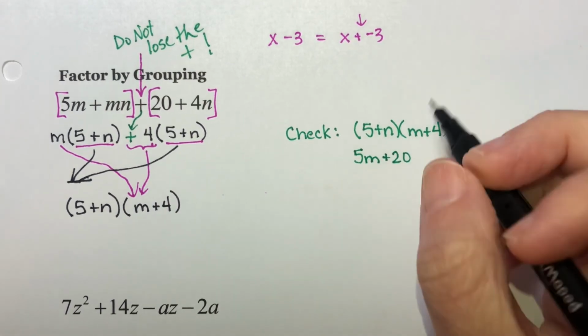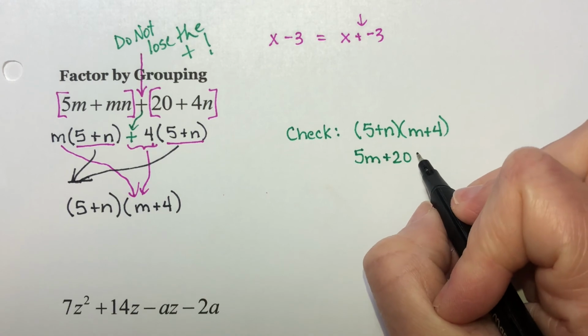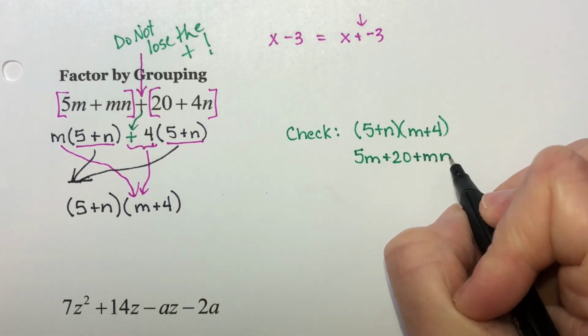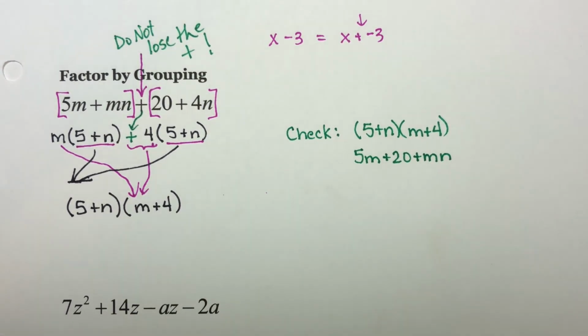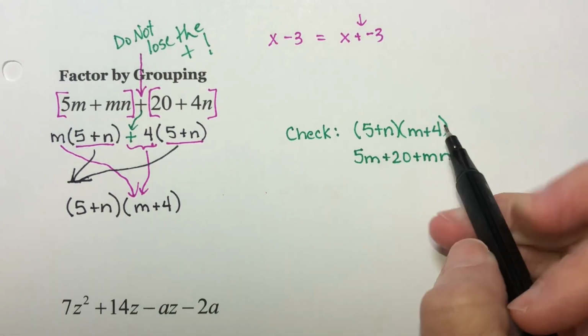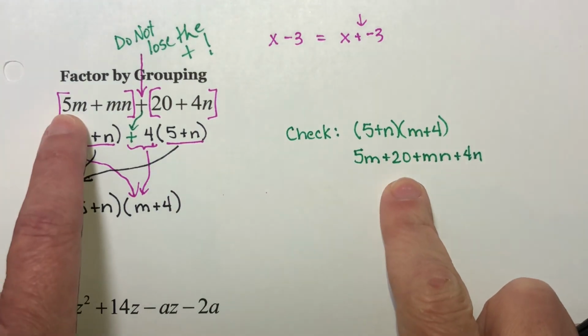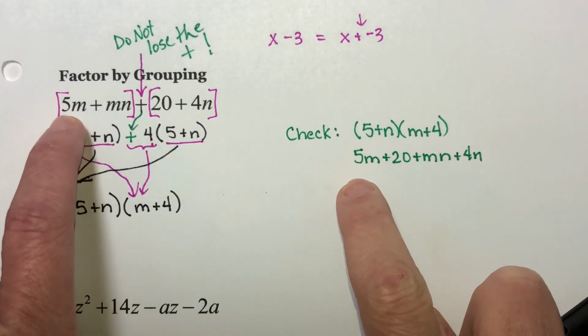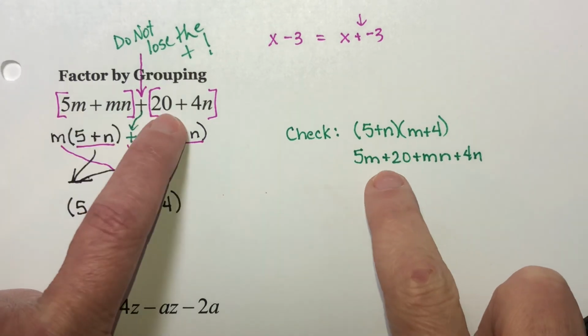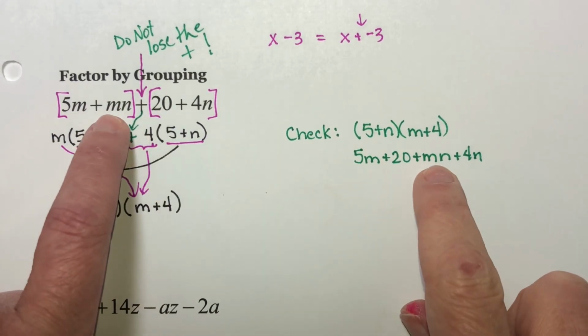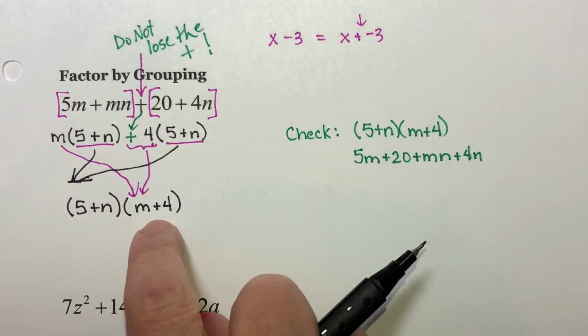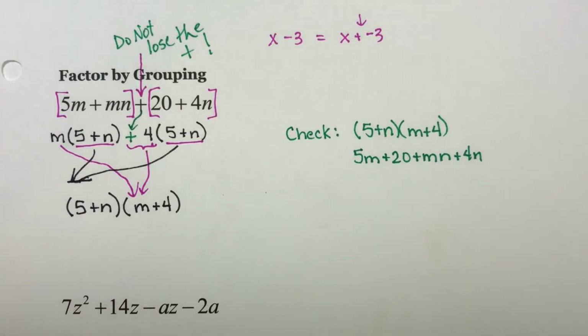N times m is nm or mn. It doesn't matter. And we just have a problem writing them out of alphabetical order. Everybody does. And then n times 4 would be 4n. Compare this to this. They're in a different order, but I do have the same thing. 5m, here's my plus 20, mn, and the 4n. So basically, we have undone some multiplication there.